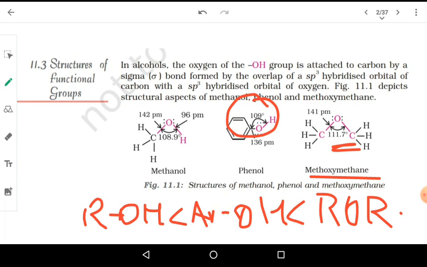In all these cases, all the alcohols have an sp3 hybridized carbon attached to an sp3 hybridized oxygen. Also, in ethers, one oxygen is bonded to two sp3 hybridized carbons, whereas in phenol, the oxygen is attached to an sp2 hybridized carbon.